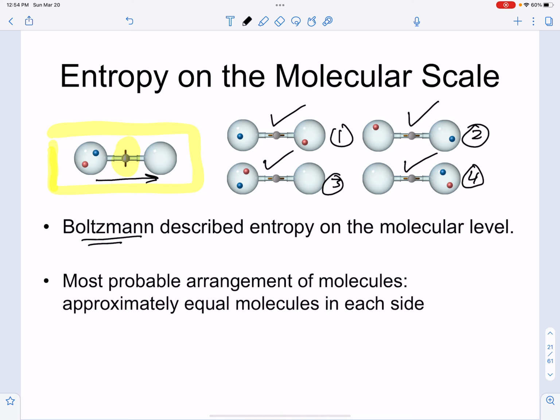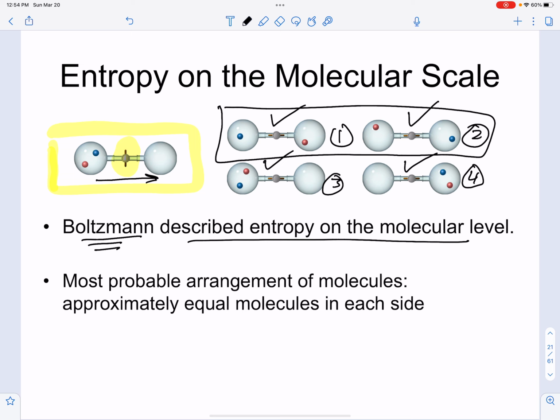Boltzmann, as a scientist, described entropy at the molecular level this way. The most probable arrangement is the one that gives you one molecule in each chamber. The colors change, but the probability of one and one is twice as much as the other two combined.